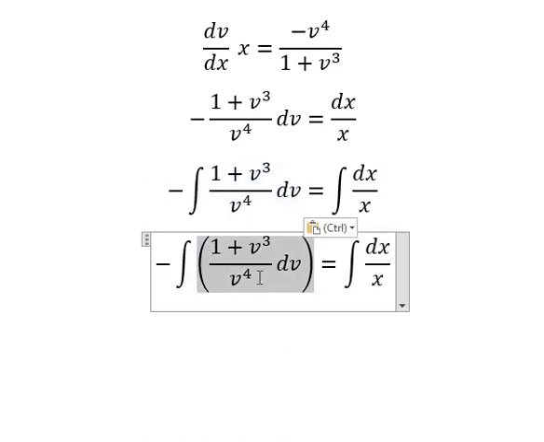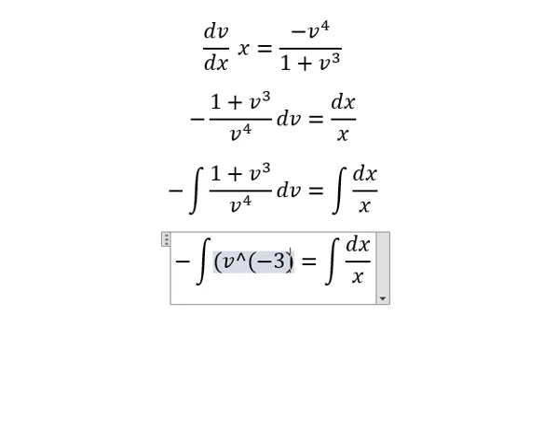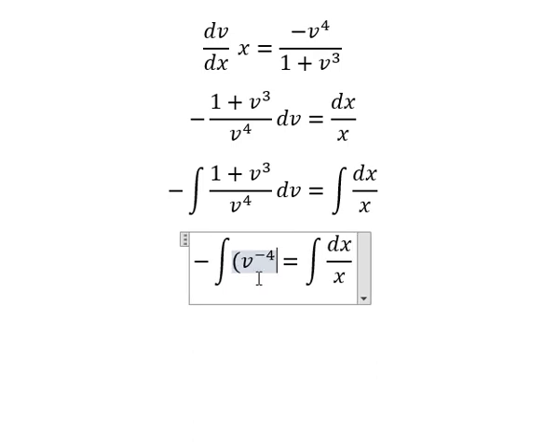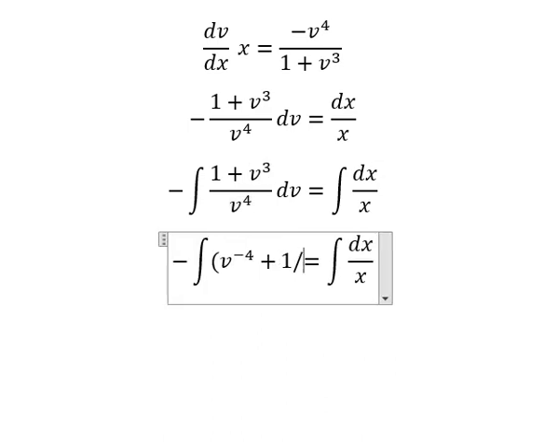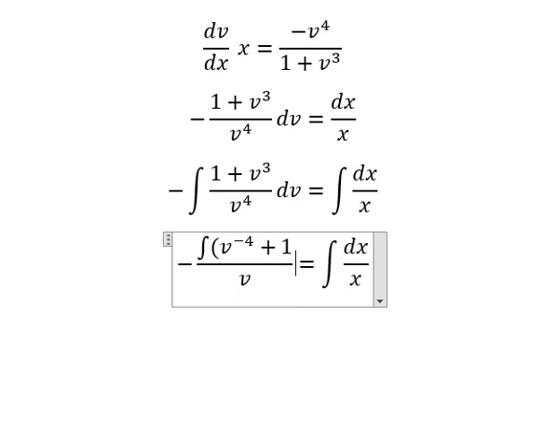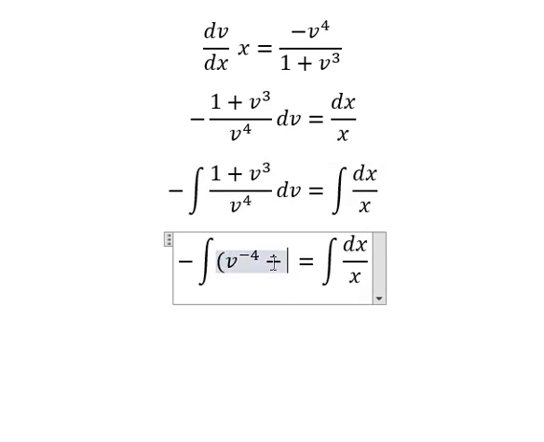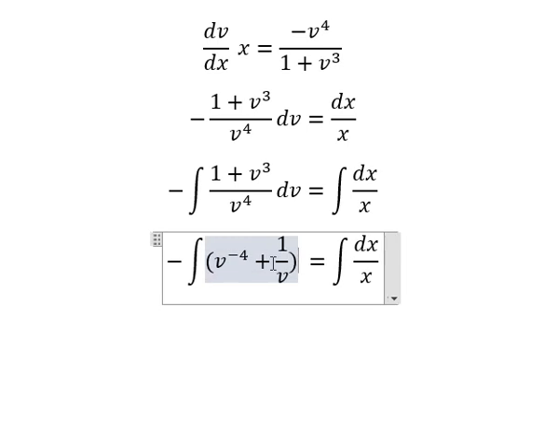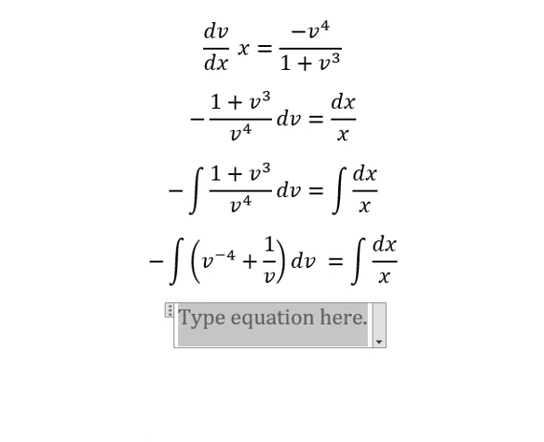We can put like this. v to the power of 3 over v to the power of 4. We have 1 over v. And now we have the final answer.